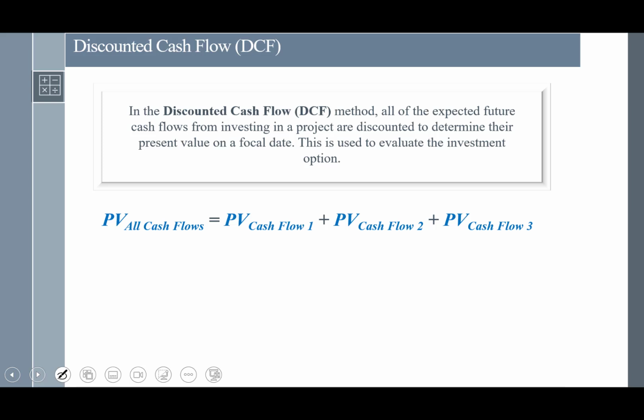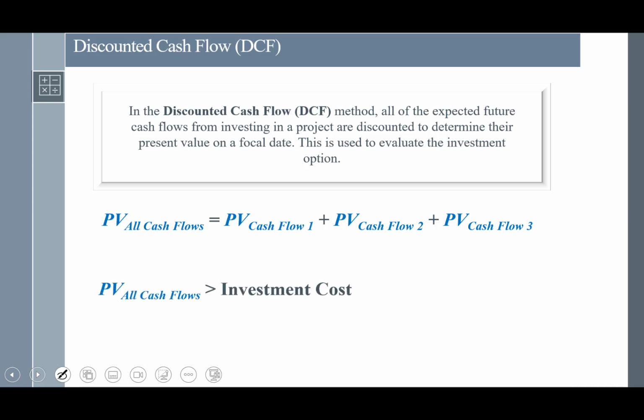The discounted cash flow is when we find the present value of all cash flows of the investment. So we have several investments, several payoffs in the next couple of years or months or whatever. We're going to find the present value of each future value payment. Then we're going to add them all up, and this will be the present value of all cash flow.